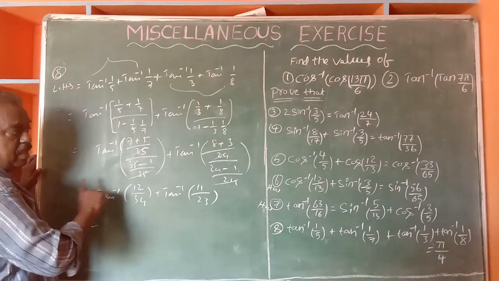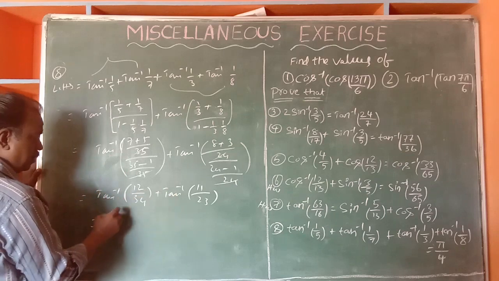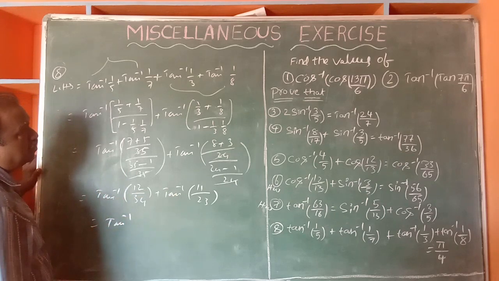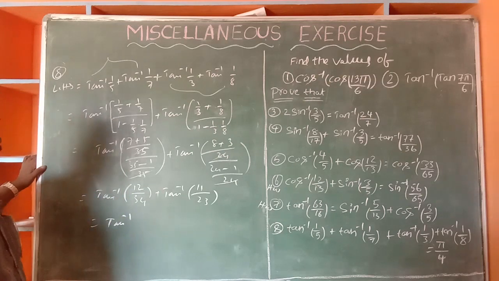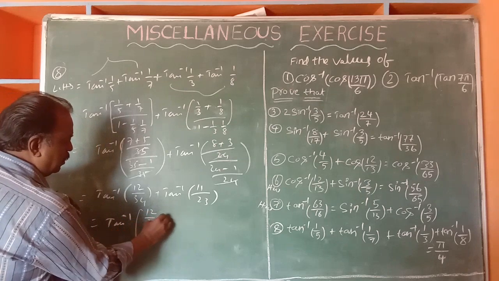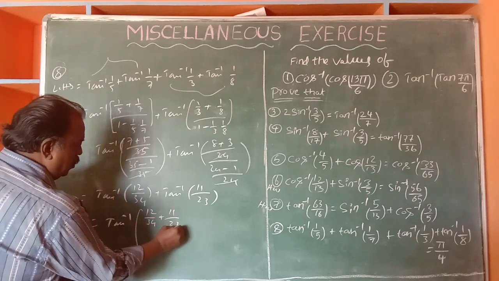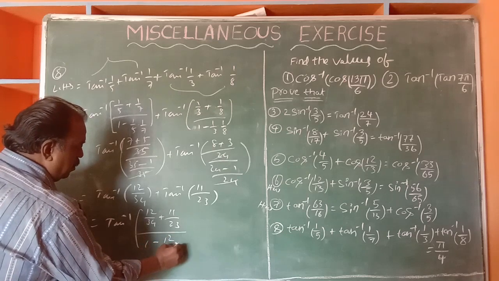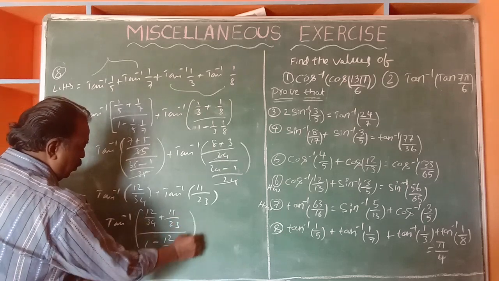Again we are getting the same formula, tan inverse x plus tan inverse y. It is tan inverse of 12 by 34 plus 11 by 23 by 1 minus 12 by 34 into 11 by 23.